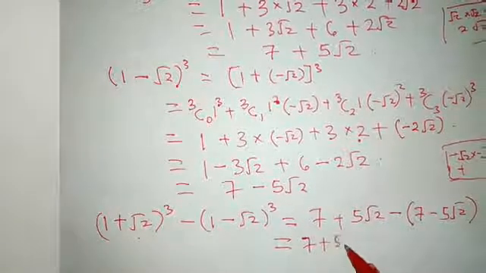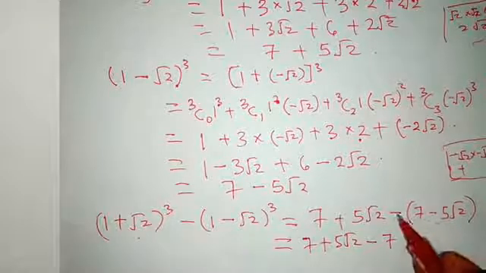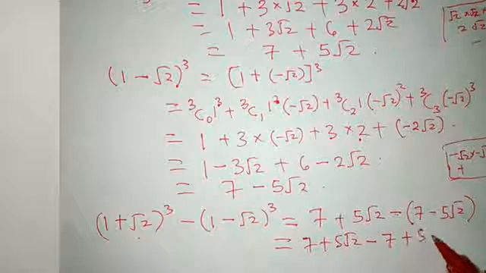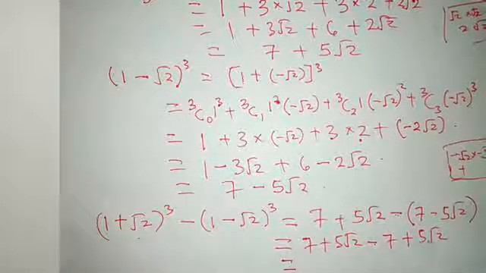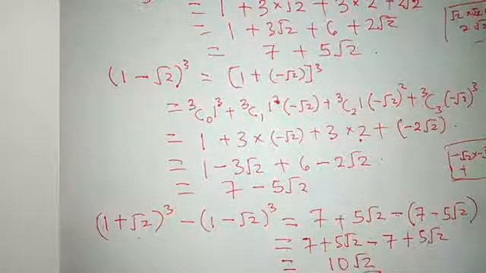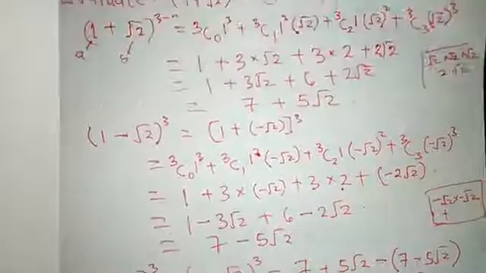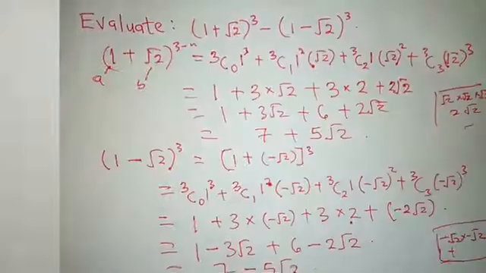So we open up this bracket. Minus times plus gives minus. Minus times minus gives plus 5 root 2. And this gives 5 root 2 plus 5 root 2 is 10 root 2. 7 minus 7 is 0. And this gives the answer. So the result or the solution to this is 10 root 2.